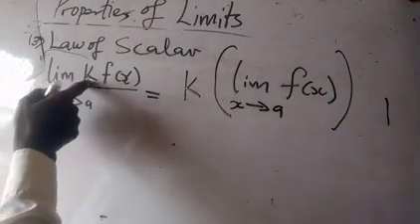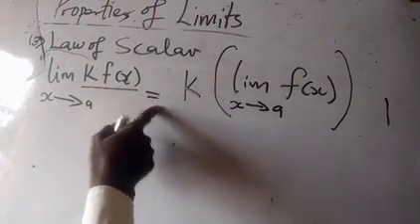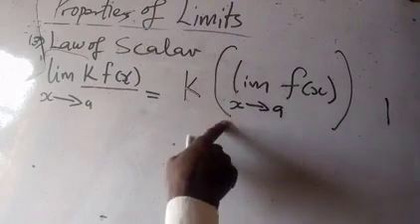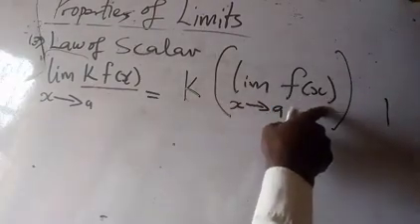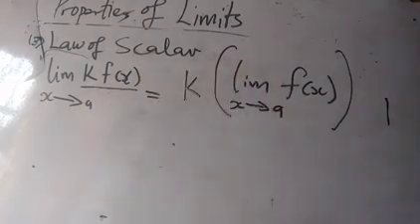The limit of k f of x as x gets to a is equal to the constant k multiplying the limit of the function f of x as x gets to a.